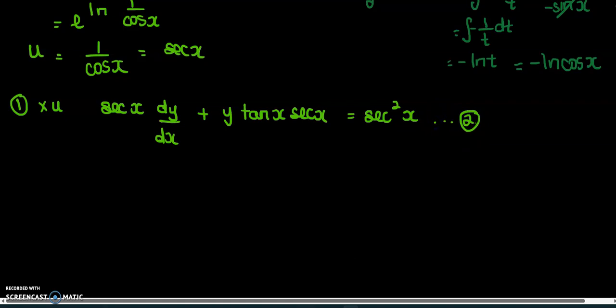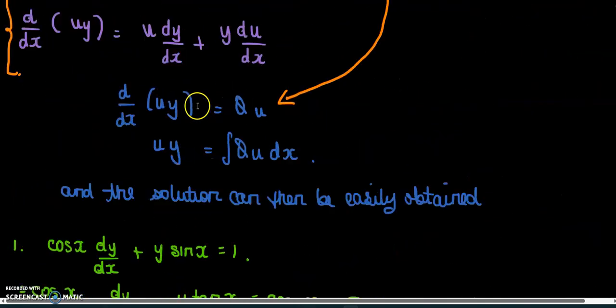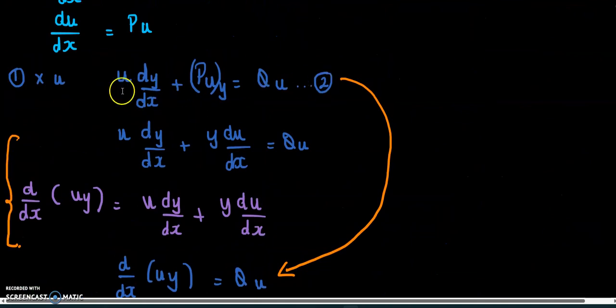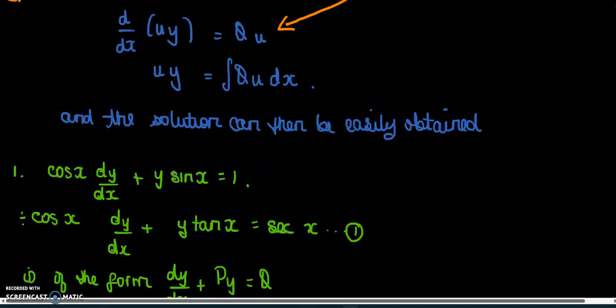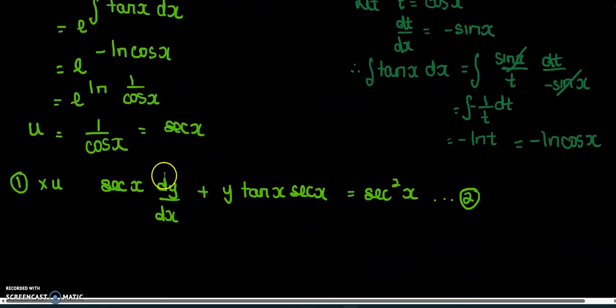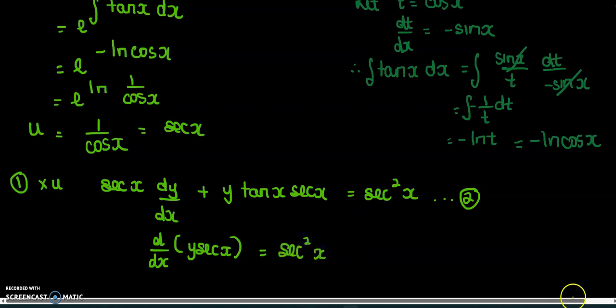So as I was telling you before, as illustrated, we can go directly from multiplying the equation by u to d/dx of uy is equal to qu. So now d/dx of uy, so this is y sec x, is equal to qu, and that is sec squared x.